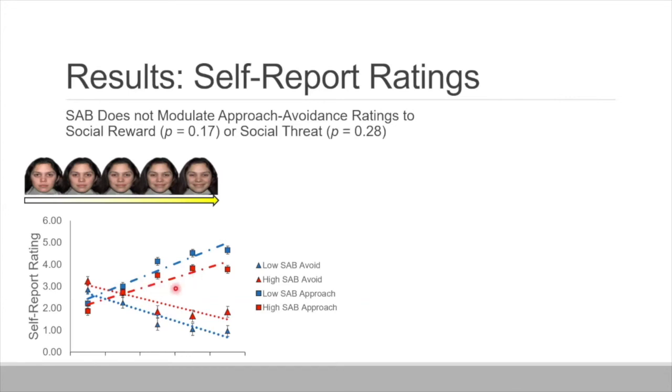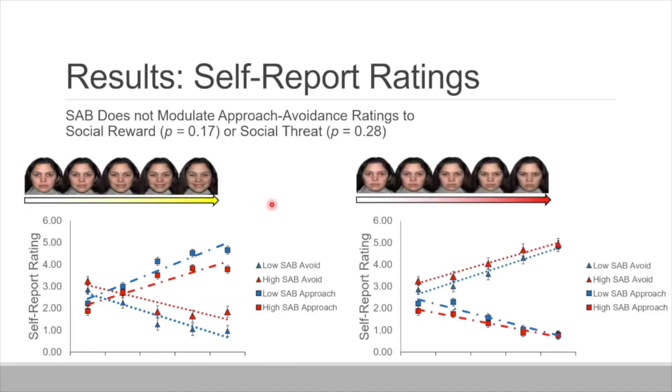And for social threat, we see something very similar. There are really no interactions with the specific values of the mixing procedure or the morphs themselves. You can see that in the significance values here. So this really seems to be specific to the social reward threat continuum for the self-report ratings.